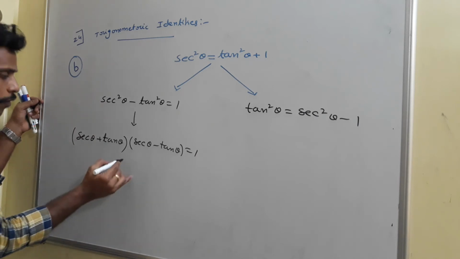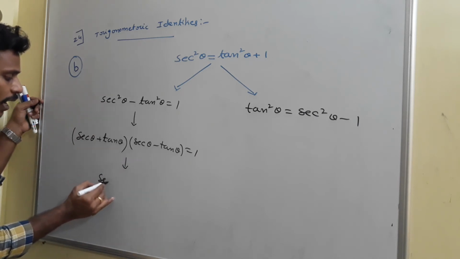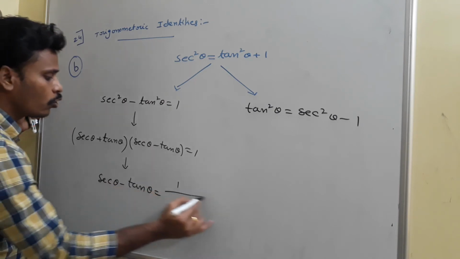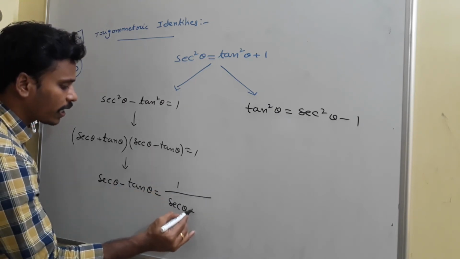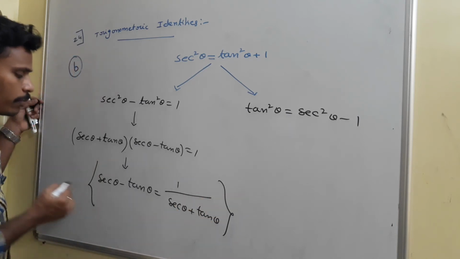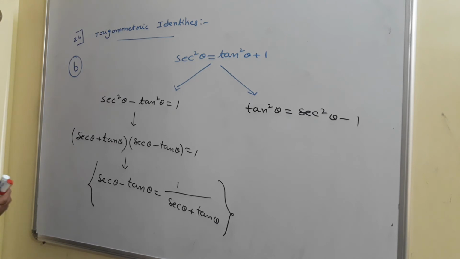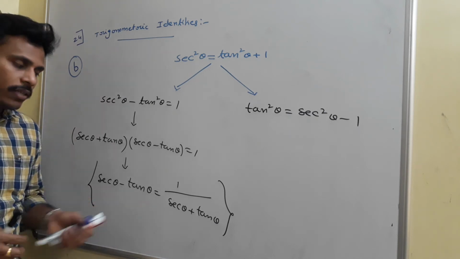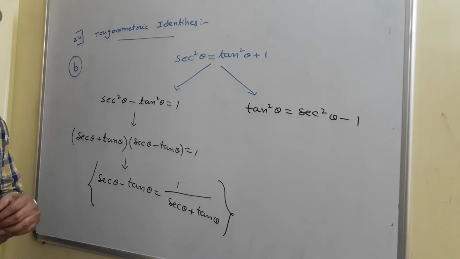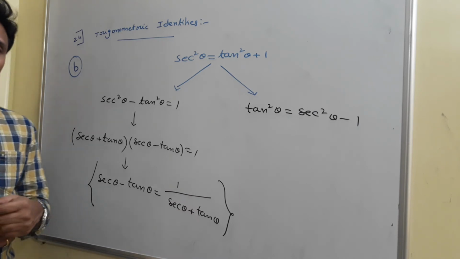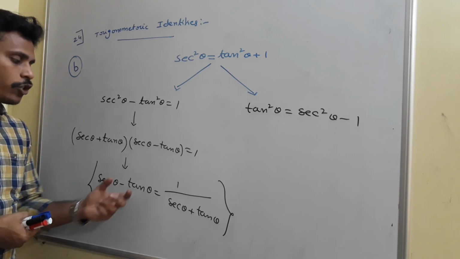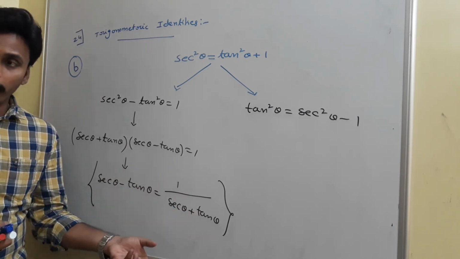And now from here again, I may rewrite it: secant theta minus tan theta is equal to 1 by secant theta plus tan theta. Have a look at this, a very wonderful one which helps me in many cases. Secant theta minus tan theta is always the reciprocal of secant theta plus tan theta. If anybody gave you secant theta plus tan theta is 3 and asks you to find secant theta minus tan theta, for sure it is 1 by 3.